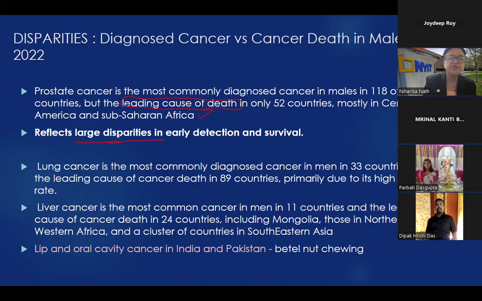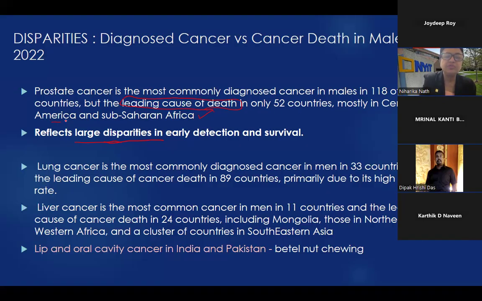Large disparities mean socioeconomic conditions, availability of resources, low resource settings. All of these make the disparity so big. Availability is so poor in these countries in Central America and Sub-Saharan Africa that they die of prostate cancer. They didn't have to, but they die. So maybe the detection is not there.